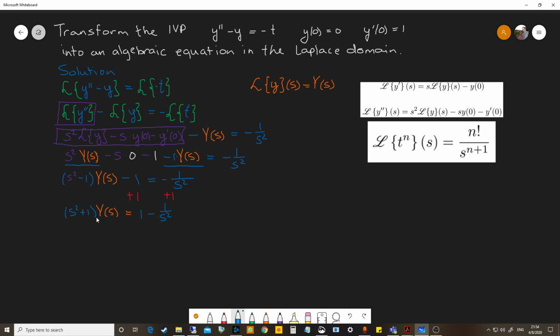And to get Y of s by itself, we can divide both sides by s squared minus 1.